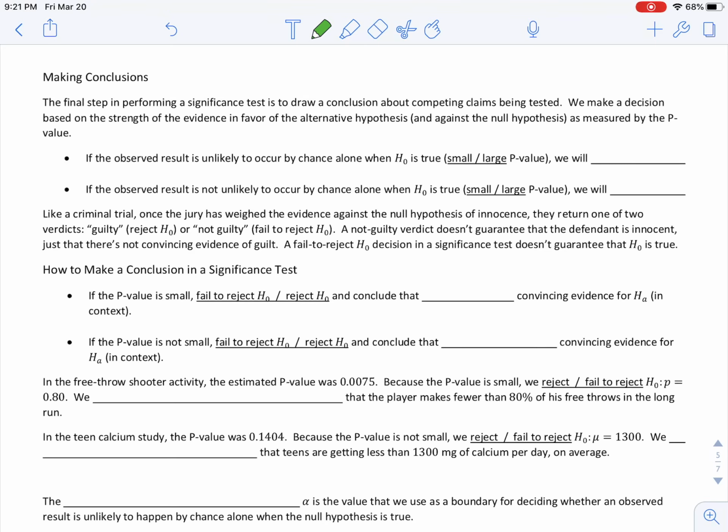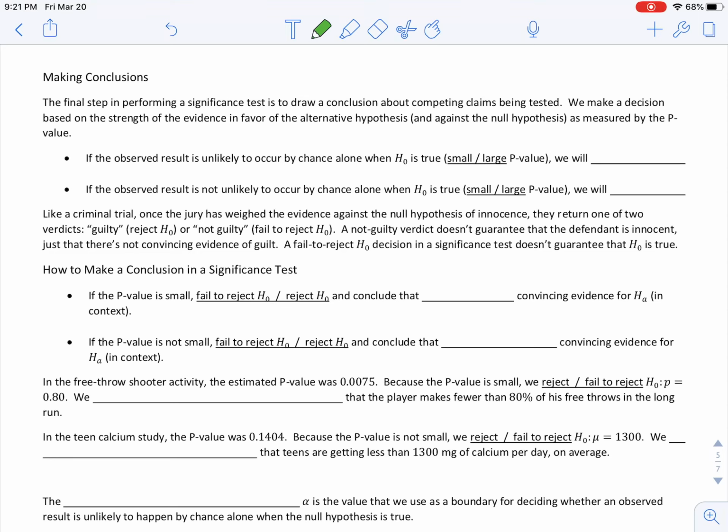So, crash course. Once we have the p-value and we kind of know what it means, we have to make conclusions from that. So the final step is to draw a conclusion about the competing claims being tested. So we make a decision based on the strength of the evidence in favor of the alternative hypothesis, the strength of the evidence against the null hypothesis, as measured by the p-value.